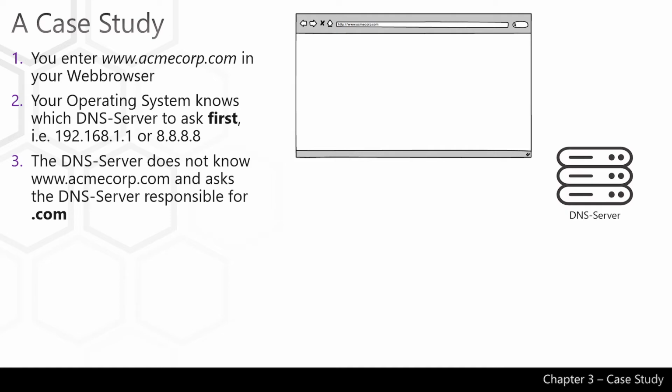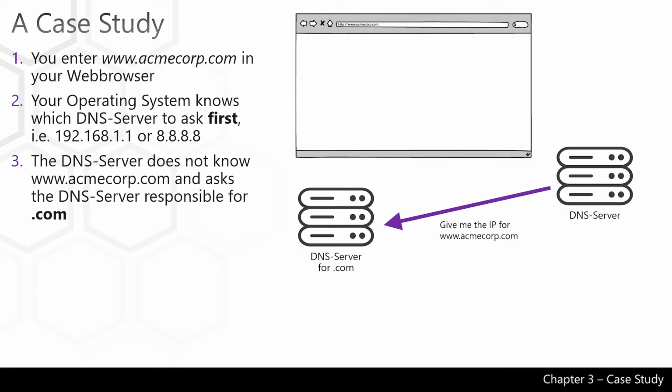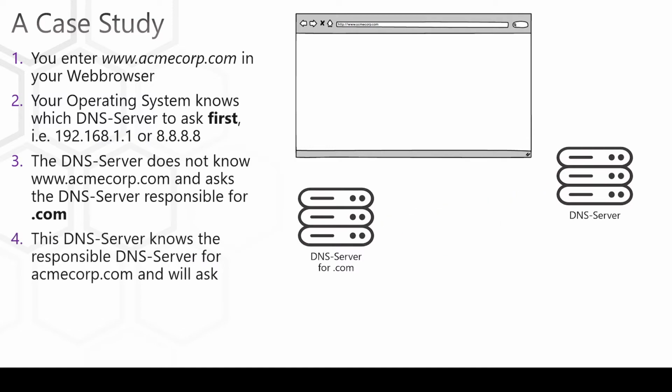But this DNS server usually does not know www.acmecorp.com and asks the DNS server which is responsible for .com, give me the IP for www.acmecorp.com. And this DNS server knows the responsible DNS server for acmecorp.com. Remember, each DNS server knows the DNS servers for its zone, which are one level below.